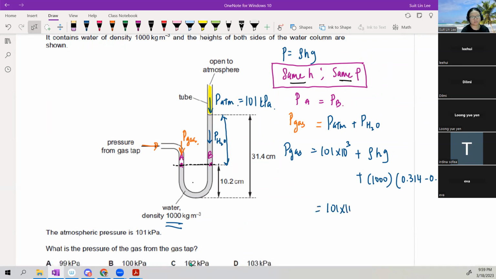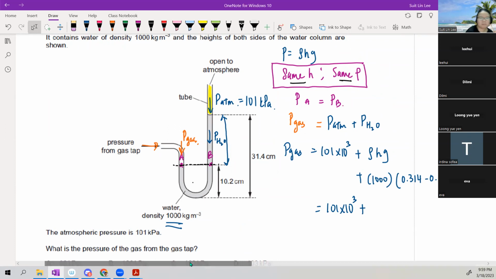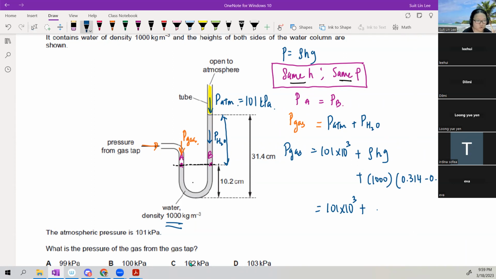So 101 times 10 to the power of 3 plus. This one is 207, I mean 208 Pascal. So that would mean, if I convert to kilo, this will be 101 times 10 to the power of 3, plus 0.21 or 208 times 10 to the power of 3.